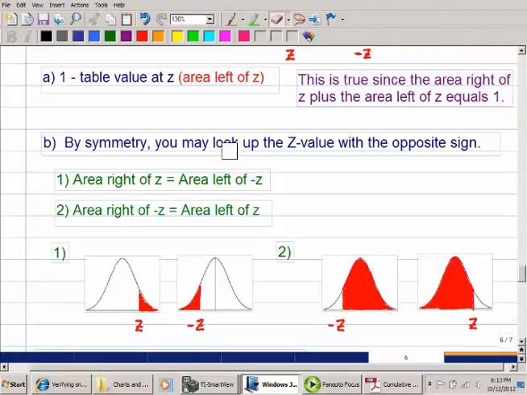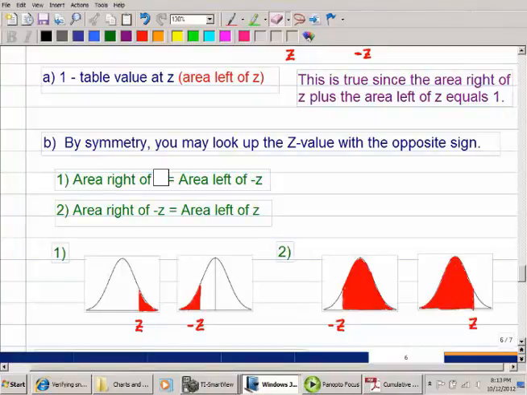Well, why would I want to flip that over to the area left? Well, that's a good question, because anytime I have something written as area left, that will be the exact value on the chart. I don't have to do the 1 minus. If I translate this to area left, I do not need to do 1 minus. Same thing over here. The area right of a negative z is equivalent to the area left of that positive z by symmetry.